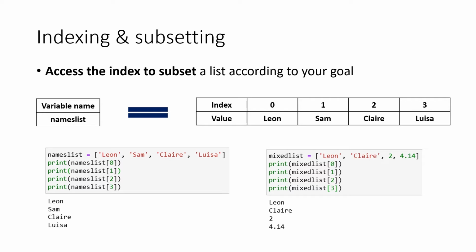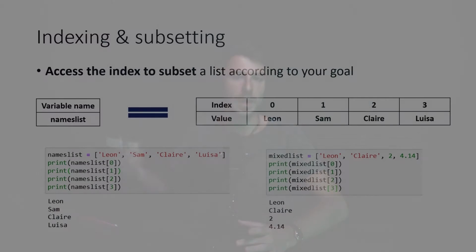Now, indexing and subsetting, or we can also call it zero indexing. You have to imagine that every time we create a new list in Python, an index is attached to that list. So basically every element within a list has its own index number. It starts with 0 and goes until the end of the elements.